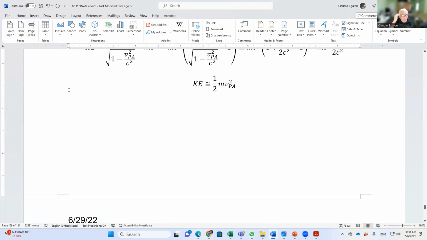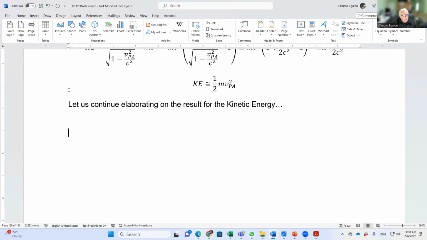I'm going to keep on elaborating on this equation. Let us continue elaborating on the equation, on the result for the kinetic energy. Right? Here you go.